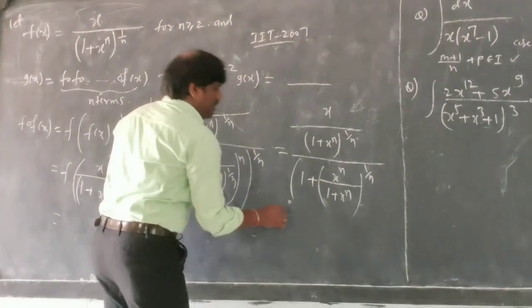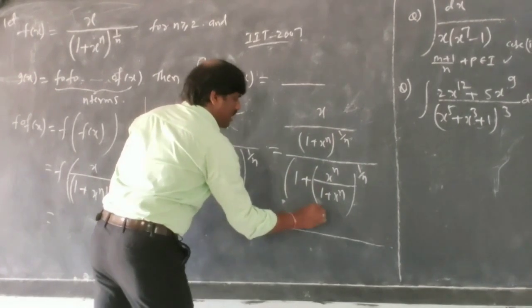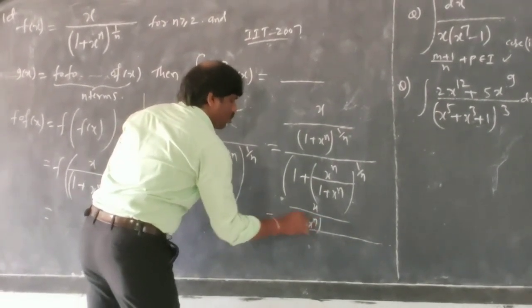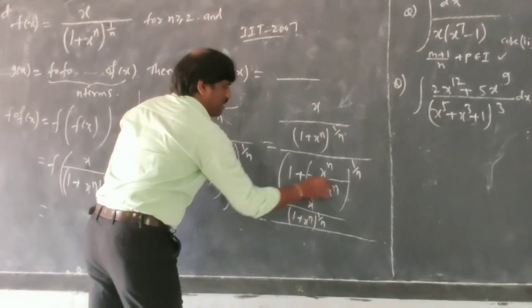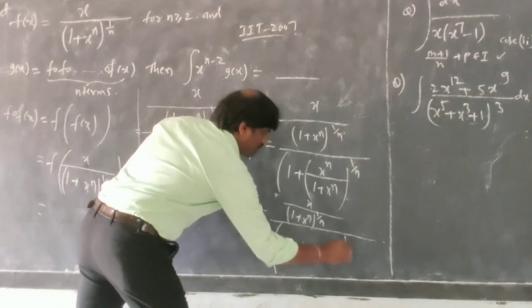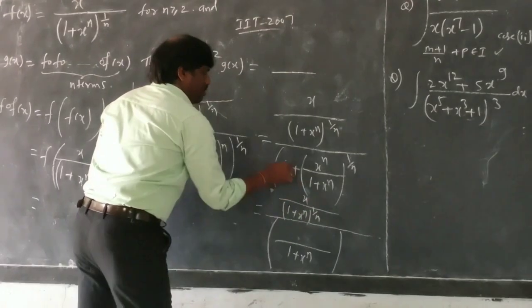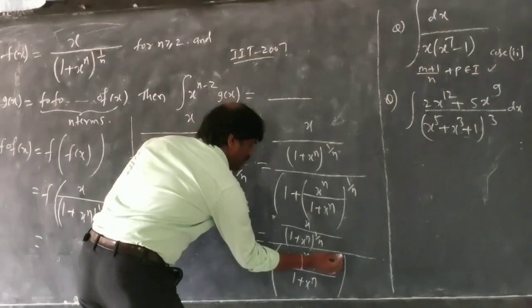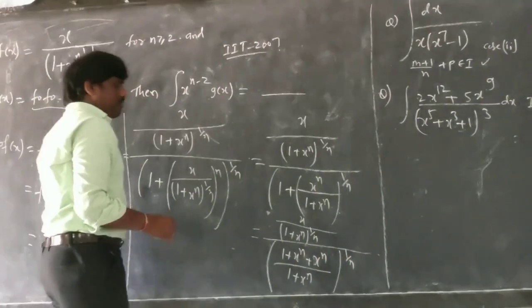What am I going to get here? I get x upon (1 plus x power n) whole power 1 by n, and this I take the LCM inside. If I take the LCM inside, 1 plus x power n is the LCM, so I get 1 plus x power n plus x power n, whole power 1 by n.